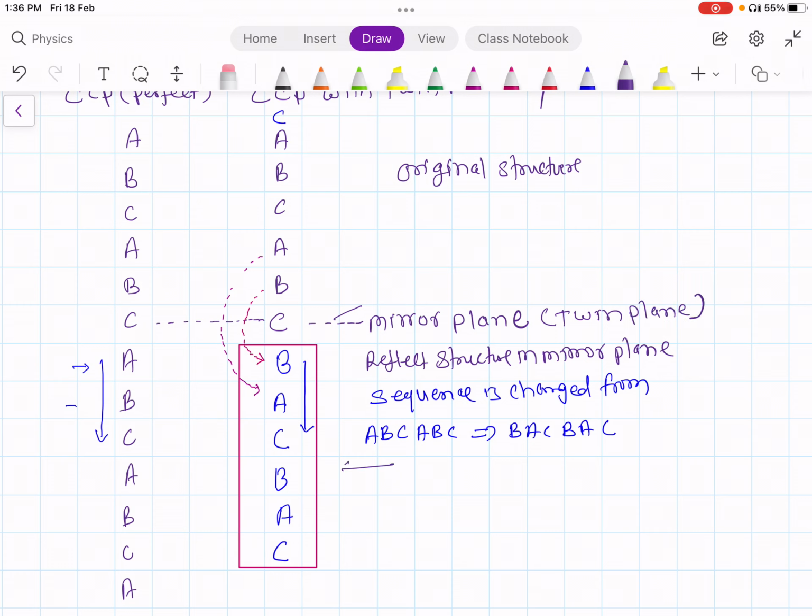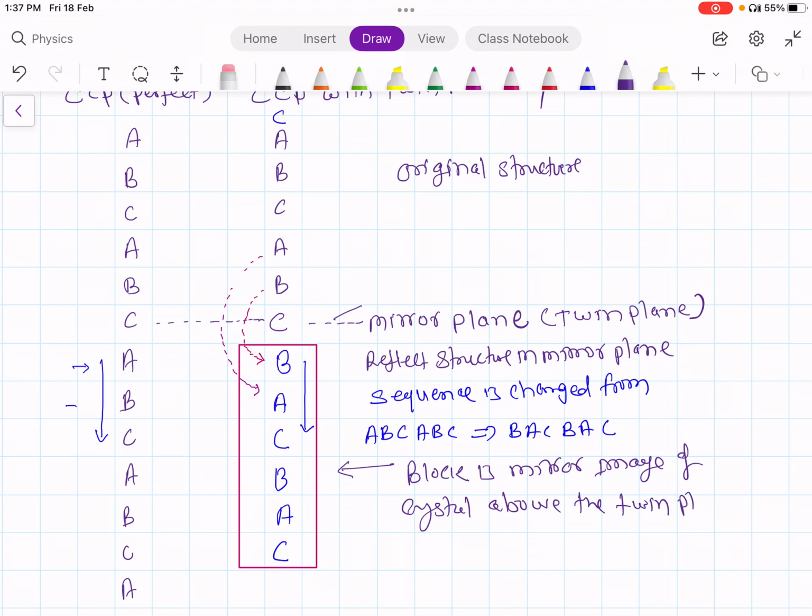And in this block, or let me write, block is a mirror image of the crystal above the twin plane, and we get the new sequence.